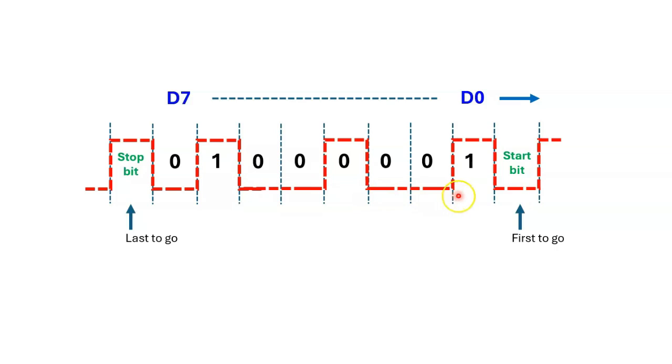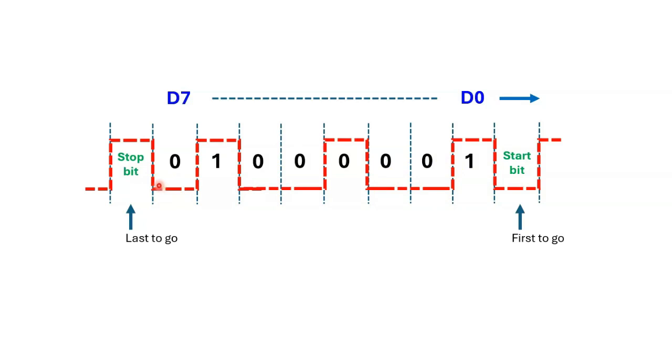Now, the least significant bit, that is D0, is the first bit transmitted. Now, before this gets transmitted, we have a start bit. So the start bit is the first to go, followed by D0, D1, D2, and so on.